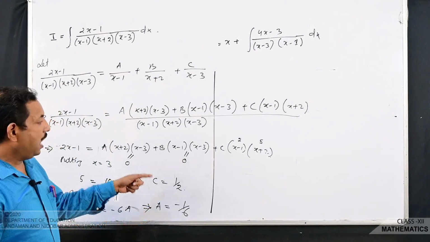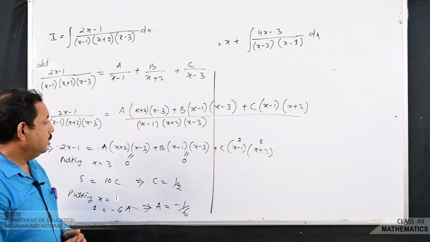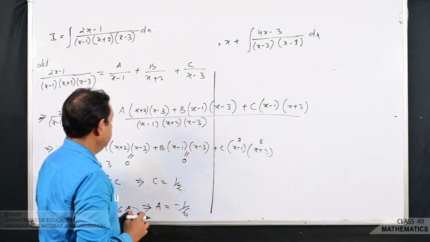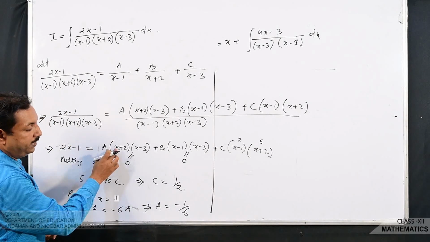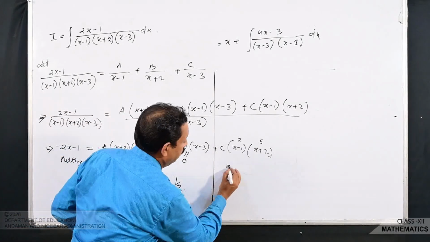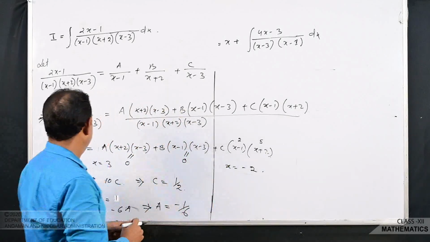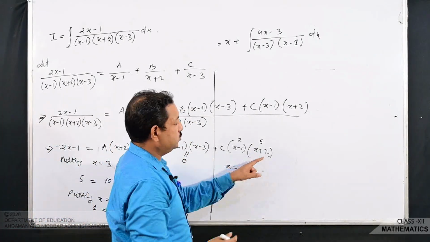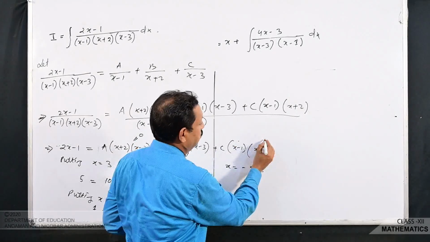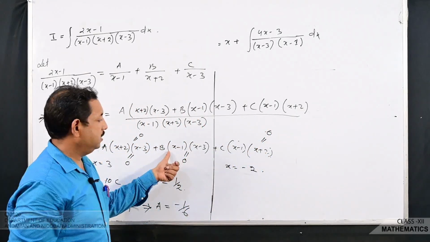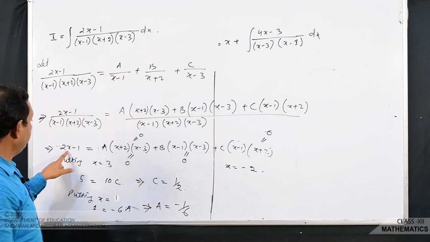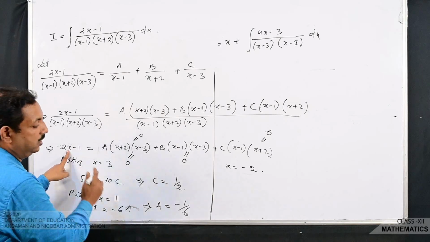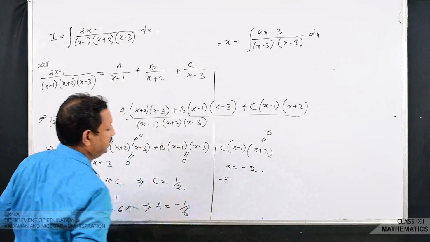And finally I want to get the value of B. So I want to make this term and this term 0. So that means you have to put x equal to minus 2. When you put x equal to minus 2, this term becomes 0. This term x plus 2 is here, so this term also becomes 0. Now from the left side, putting minus 2, we get minus 4 and minus 1, that gives you minus 5 on the left-hand side.